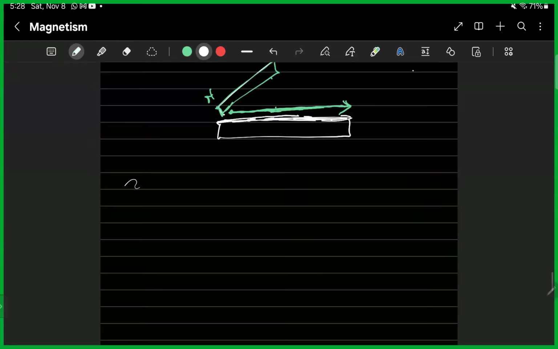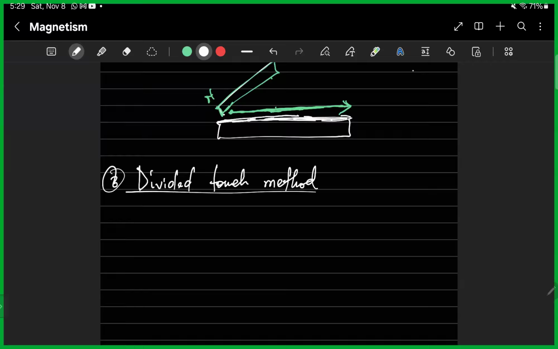So then the third method is called the divided touch method. And what happens in this method?